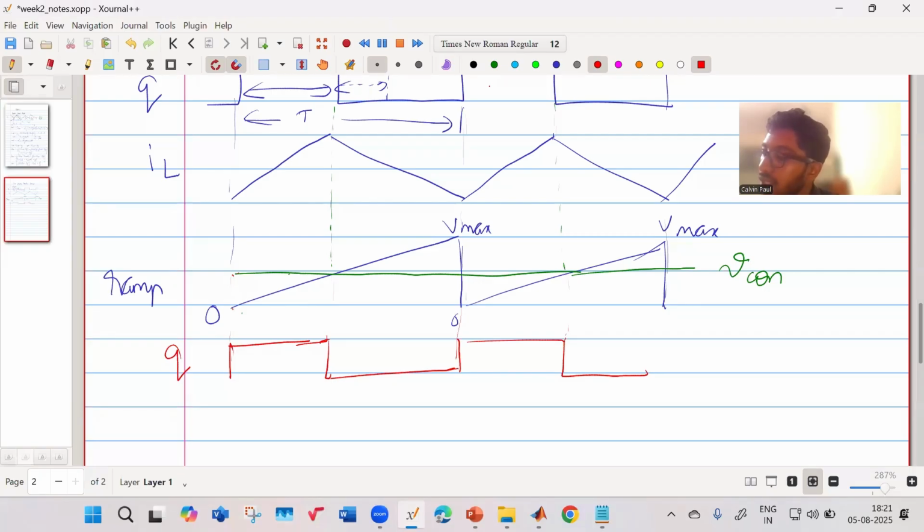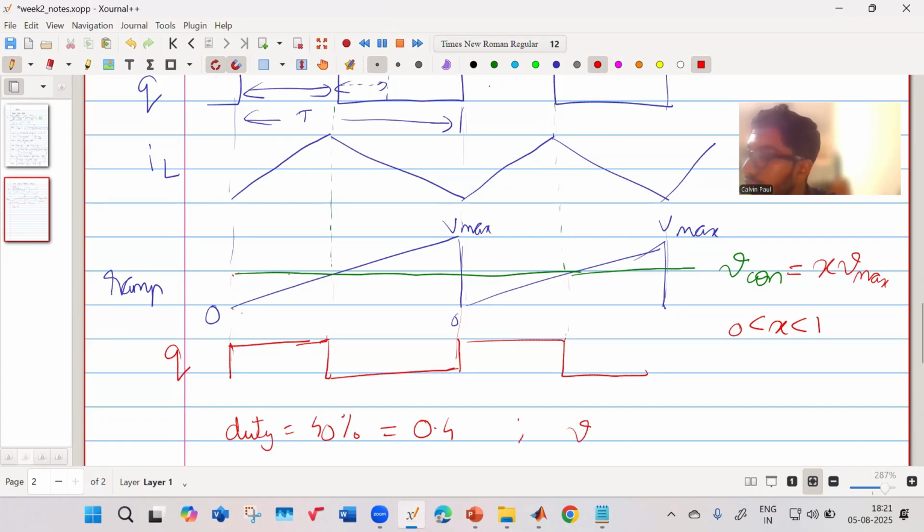So if we want to set the duty, let us say 50% or 40%, our Vcon should be X times Vmax, where X lies between 0 and 1. So if you want your duty to be 40%, that is 0.4, then your Vcon should be equal to 0.4 times V max.